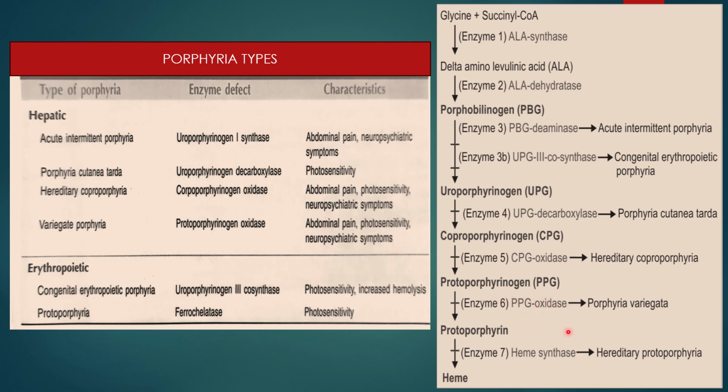Deficiency of this enzyme will lead to porphyria variegata, which is associated with abdominal pain, photosensitivity, and neuropsychiatric symptoms. The next is the enzyme heme synthase or ferrochelatase, and that leads to erythropoietic protoporphyria, which is also associated with marked photosensitivity.